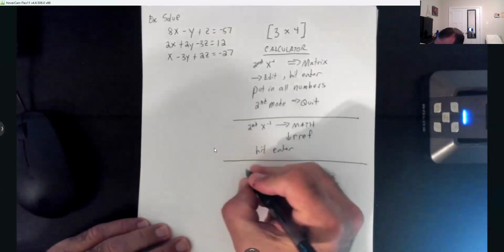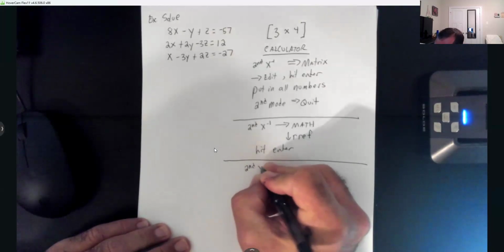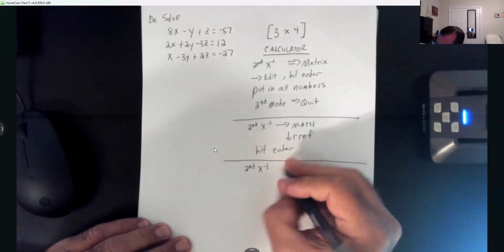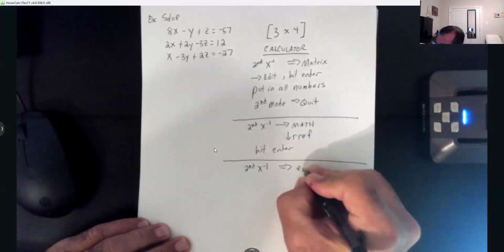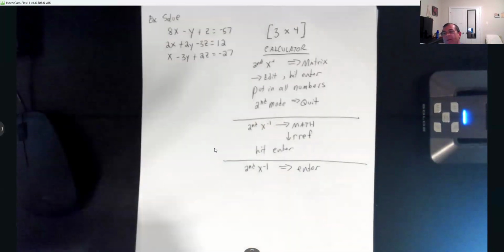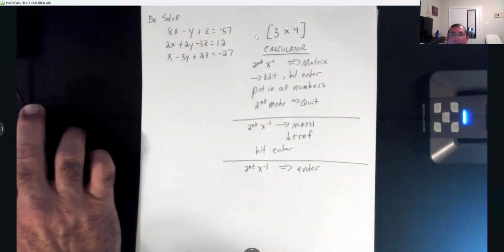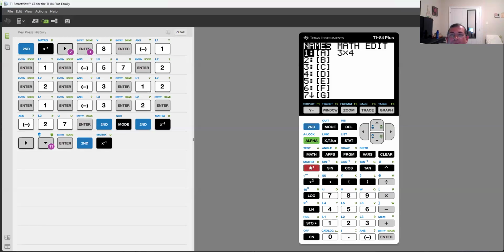So my last step is to hit second, x -1, and then I'm just going to hit enter because I always keep everything on that A, okay? So I'm going to go back to that calculator, second, x -1, and then I'm just going to hit enter. That's going to bring your matrix up. So y'all hit enter, and let's see what we get.